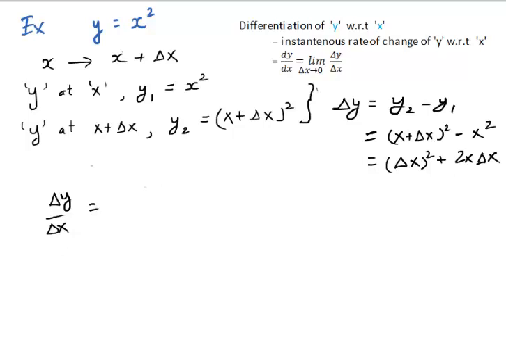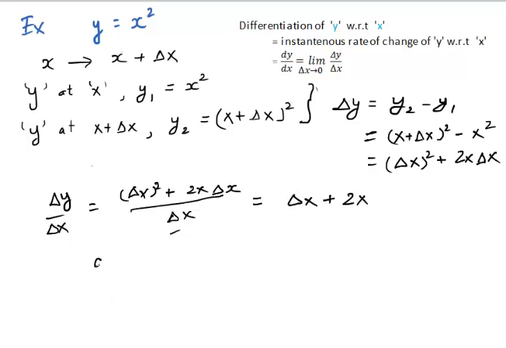It will be simply here for this function delta x square plus 2x delta x divided by delta x. If you take delta x common from the numerator, then this delta x will cancel out and the answer would be delta x plus 2x.